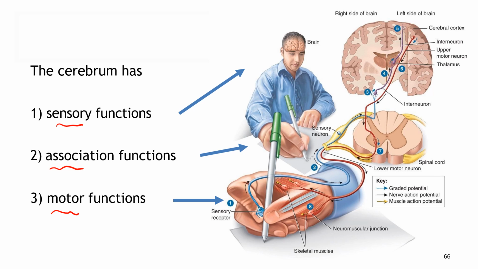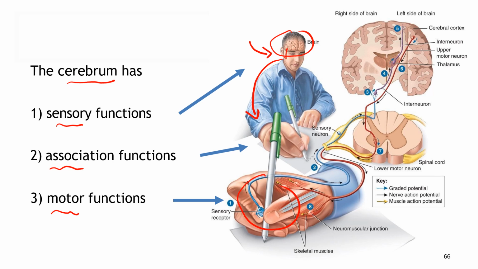So the cerebrum has a function in each one of those. For example, right now you are receiving some signals, you're listening to a lecture, and your brain is processing the information and sending it to different parts of your central nervous system, which is going to create different impulses, and then it's going to create a motor response, and this is why you're taking notes.